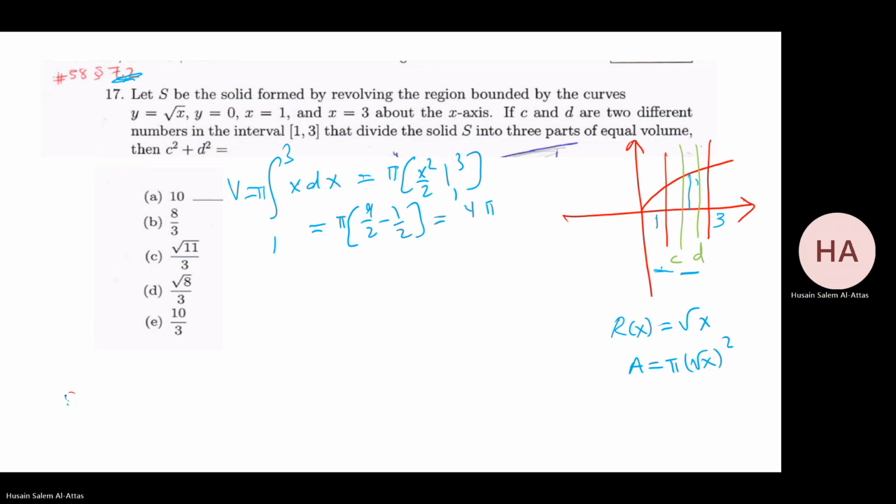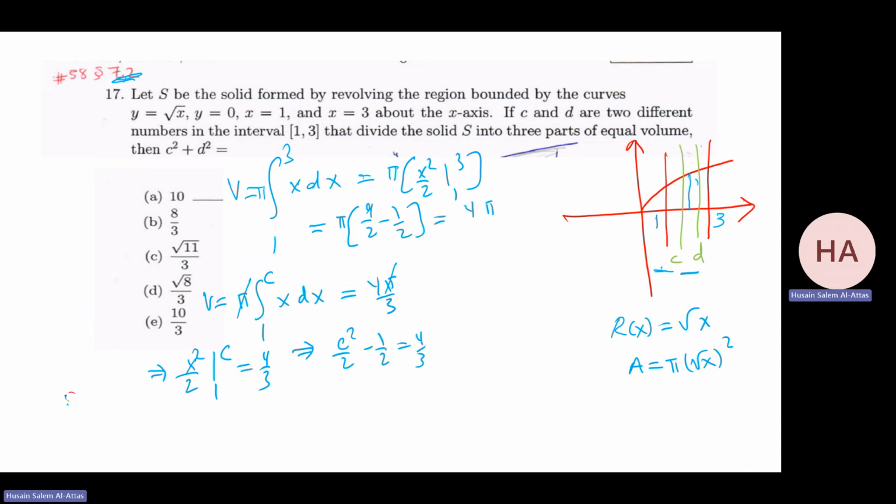Now, the volume from 1 to C of pi X dx should be 1/3 of this, which is 4 pi over 3. So don't think about the pi, do the calculation from 1 to C. Pi will be cancelled. That gives me what? X squared over 2 from 1 to C should be 4 over 3. So I have C squared over 2 minus half equals 4 over 3.